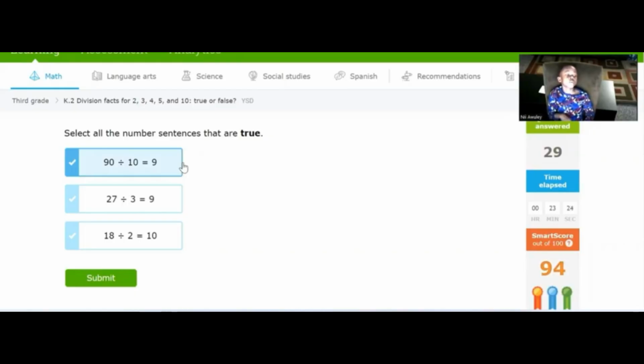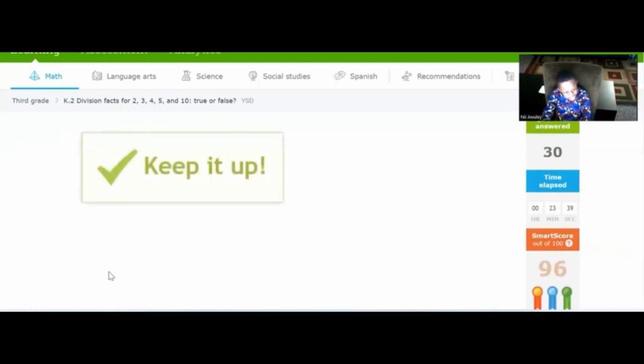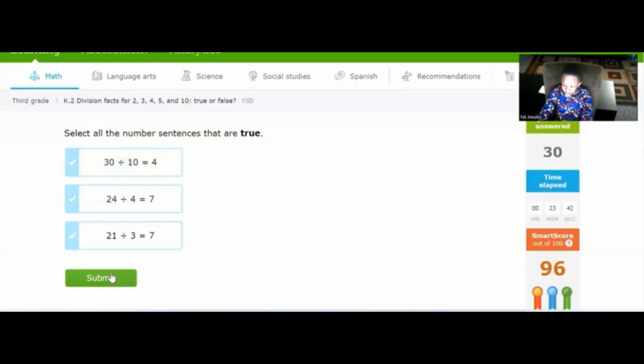This answer right here is correct because 3 times 9 is 27. Correct?